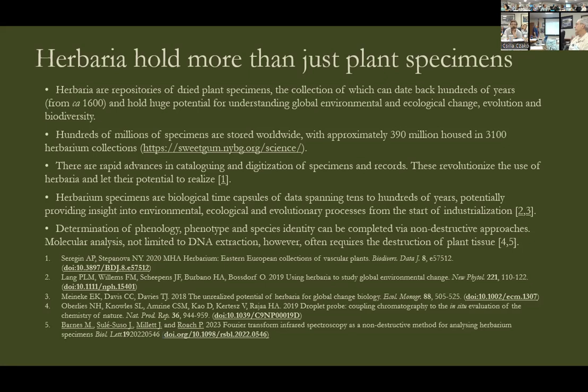The molecular analysis under which DNA falls requires that you get to the DNA, but molecular analysis is not limited to just DNA. Other nucleic acids, metabolites, and pollutants are also possible to analyze.